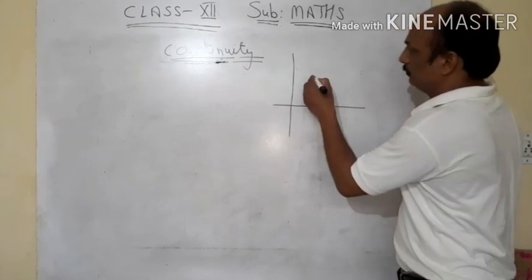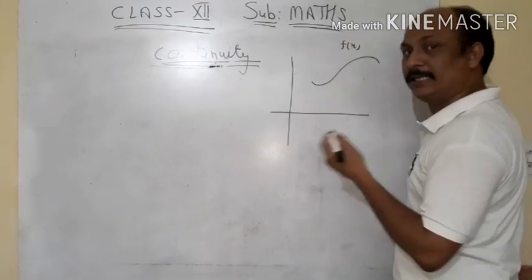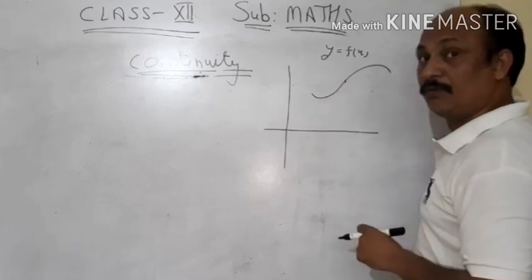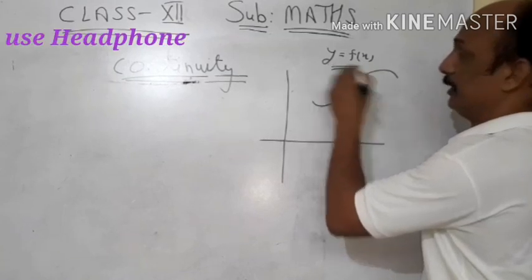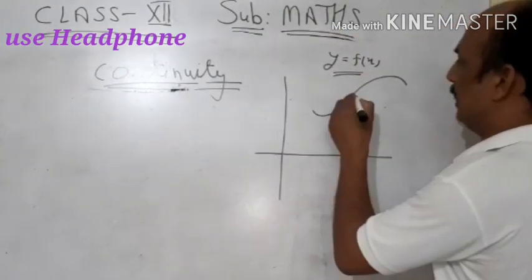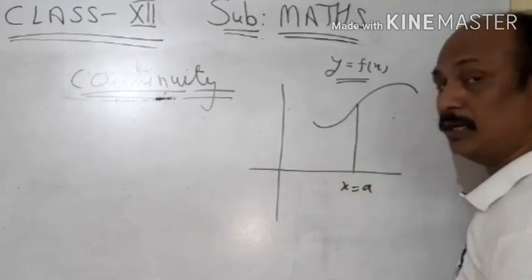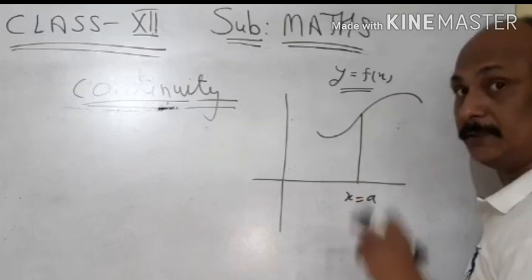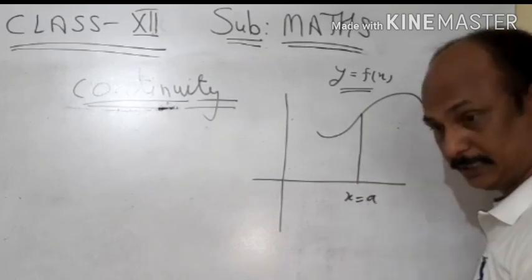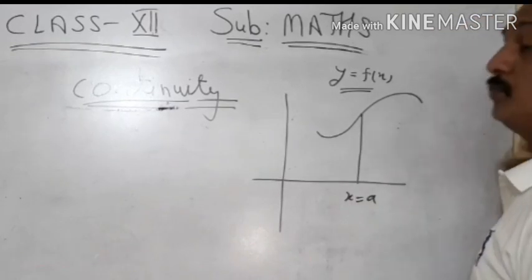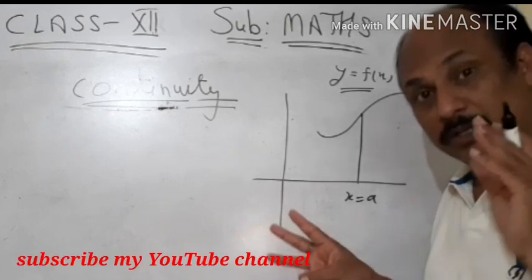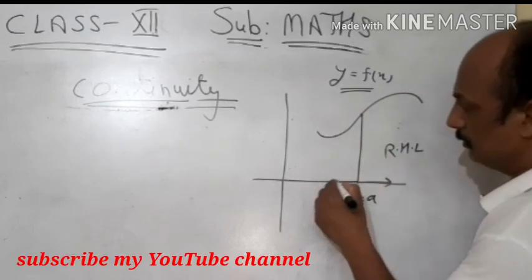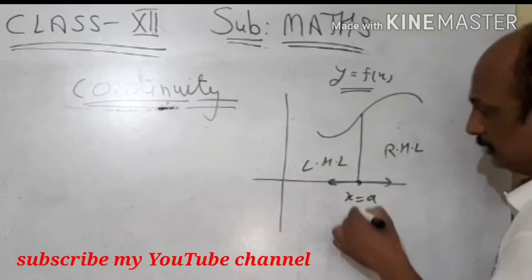For that, I take a function. It is the given function f(x), and if we want to calculate continuity at any given point, like x is equal to a, means we want to find the continuity of this function at the given point x is equal to a, we should find three values, which are RHL and LHL and the value at the point.